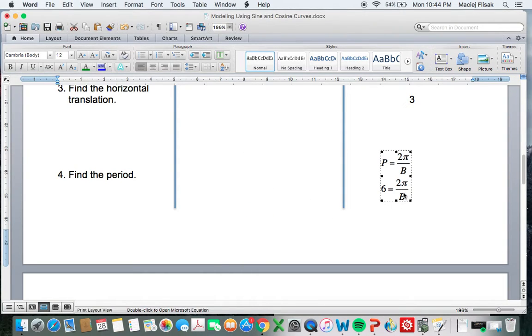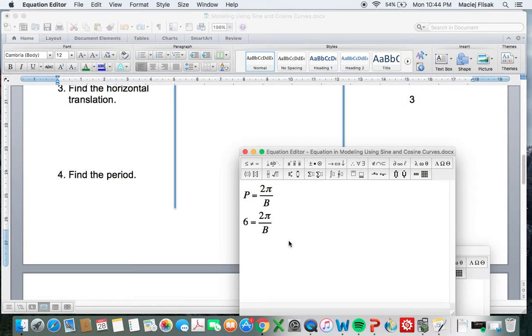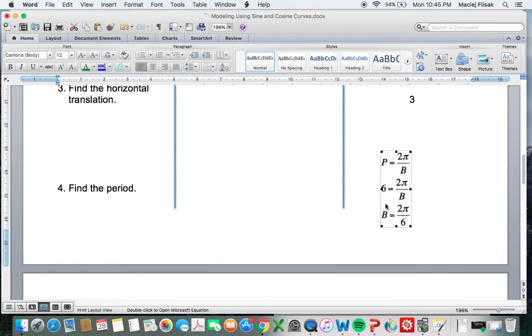So that'll let us get the b value. What's the b value then? So b must be 2 pi over 6. All right, you just swap the 6 into b. And there's our b value. And the b value is important for creating the model, so that's why we need the b value.